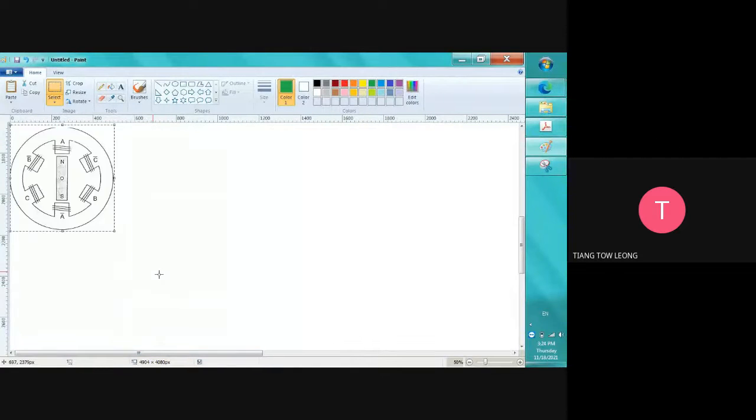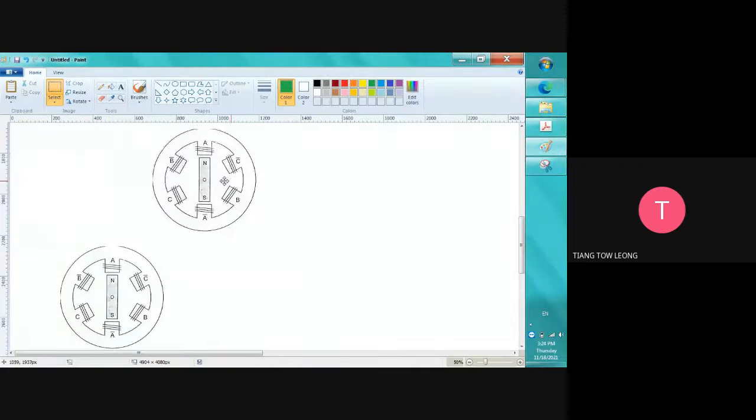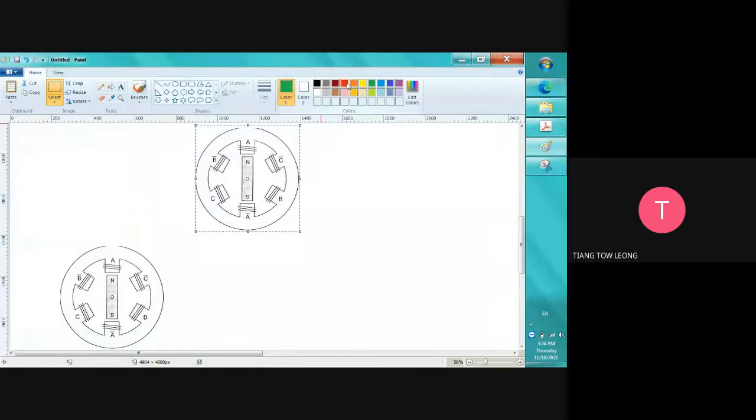So what is horizontal? Horizontal can be like this, whereby we divide like this. And then we have 1 coil here. Let's say this is the motor length.